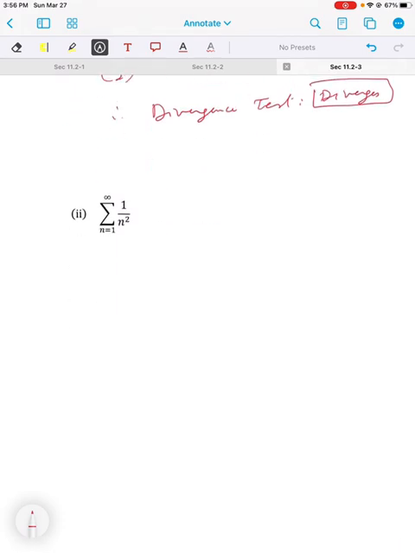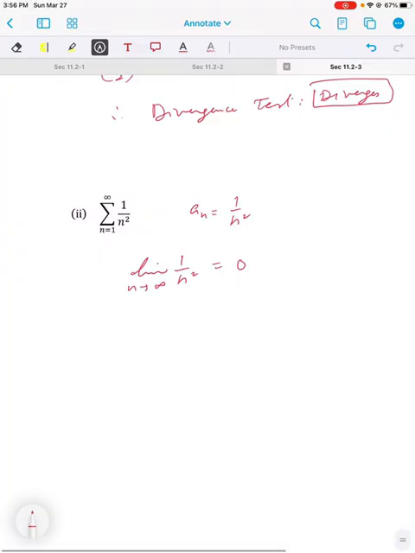So looking at the next one, our a sub n is 1 over n squared, and if I take the limit of this as n goes to infinity, then the limit is going to be 0.